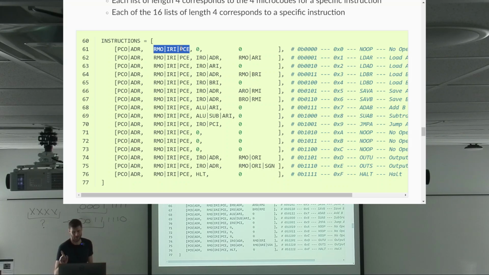Now the contents of the instruction register become 0, 0, 0, 1, after running that part of fetch, because we just put it into the instruction register. So now, after step 0, after step 1, we actually have the instruction we want to run in the instruction register.